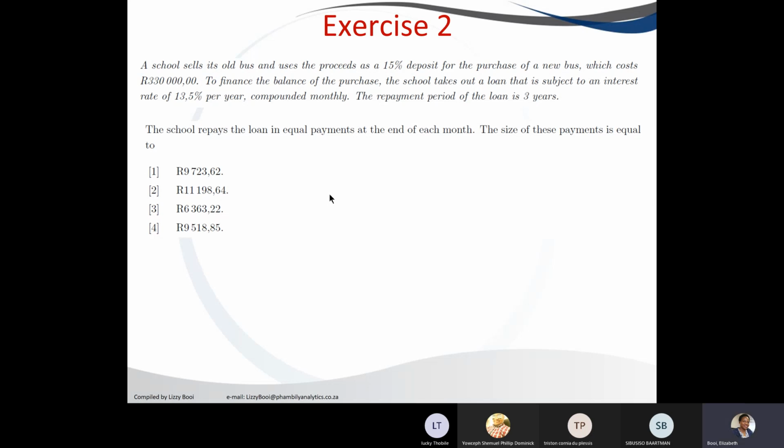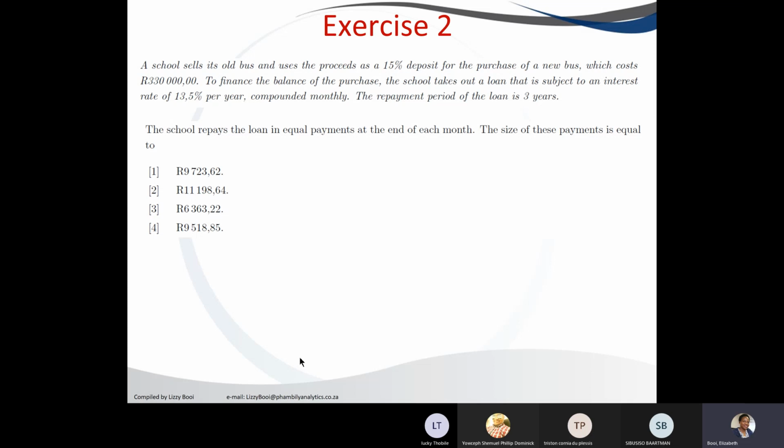A school sells its old bus and uses the proceeds as a 15% deposit for the purchase of a new bus, which costs 330,000.